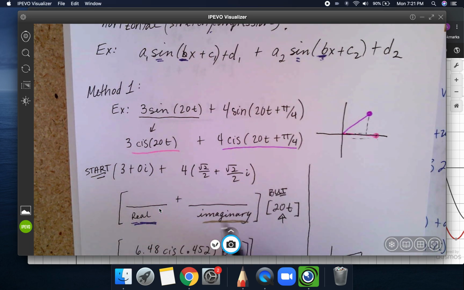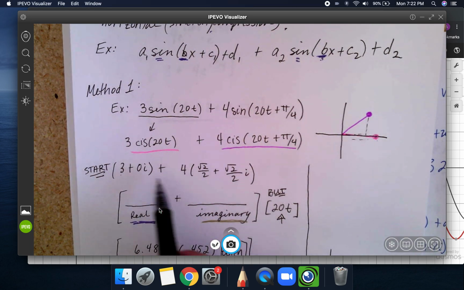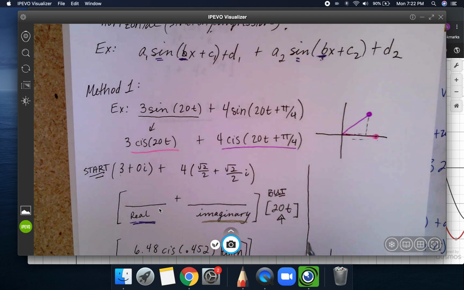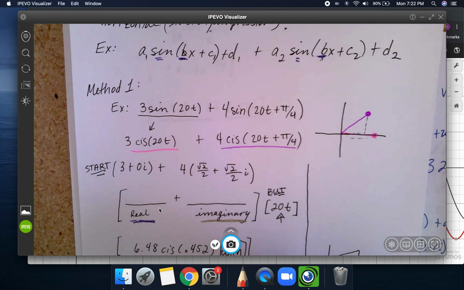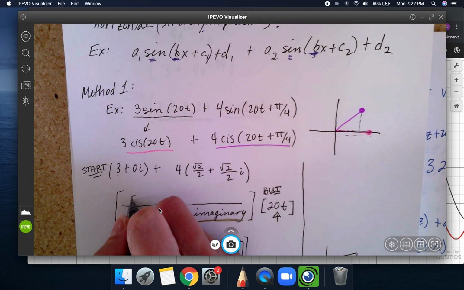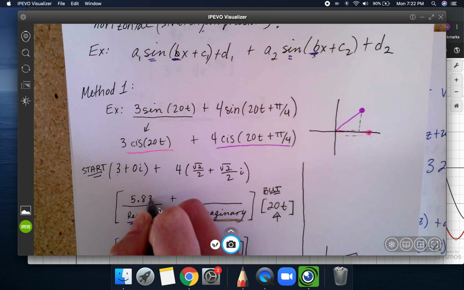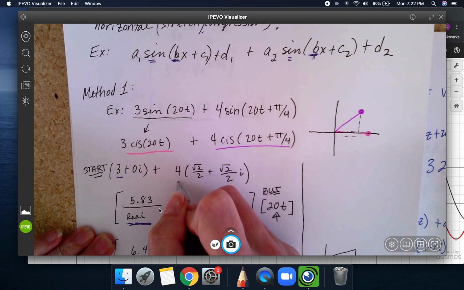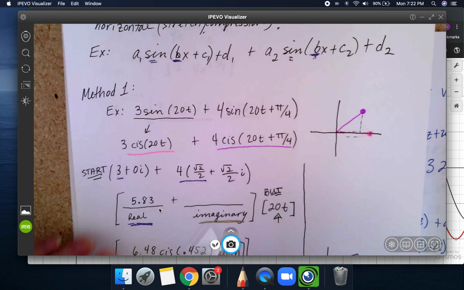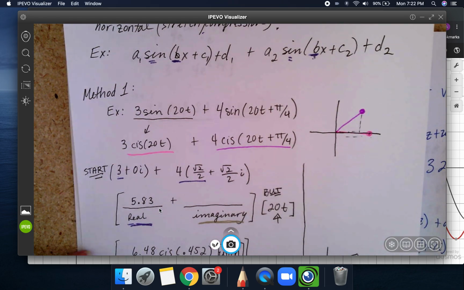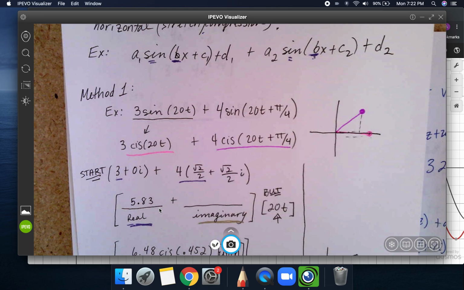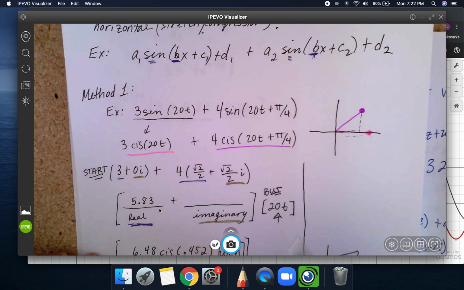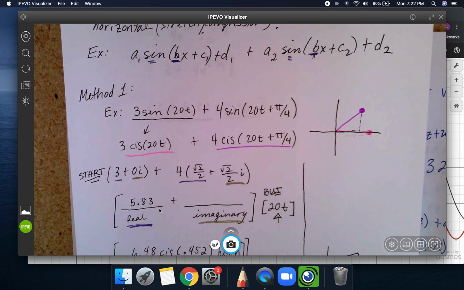So our new function is going to be 3 plus 4 root 2 over 2, which turns out to be 5.83. So when I add this term and this term, after I distribute, what I end up getting is 5.83. Now if I take this term and this term, this ends up being the imaginary component.